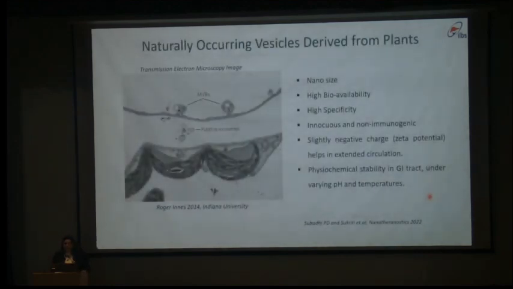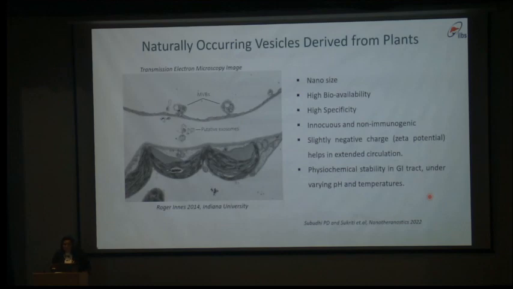So these are naturally occurring vesicles which are derived from plants. They are nano size, they have higher bioavailability, they are very specific, they are innocuous, non-immunogenic, just like food. Slightly negative charge make them more potentiate that they do not make clump and helps in the extended circulation.